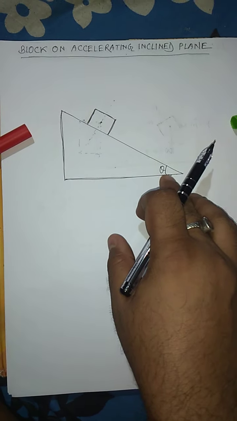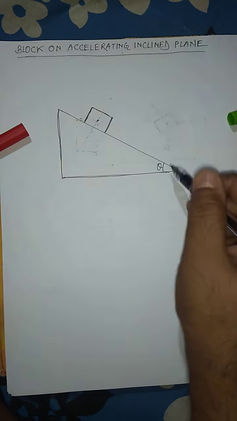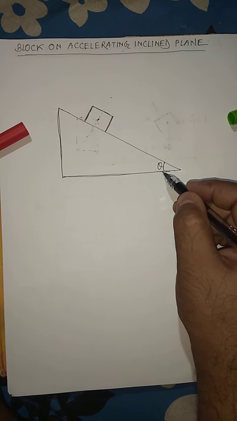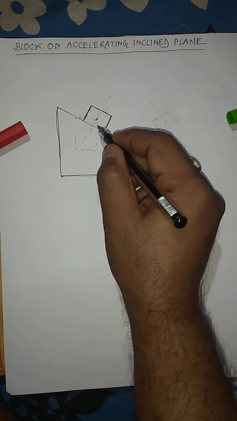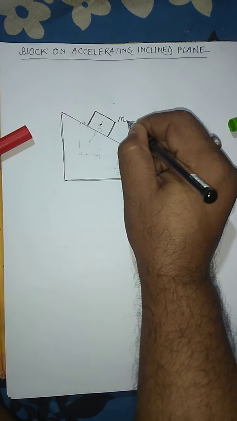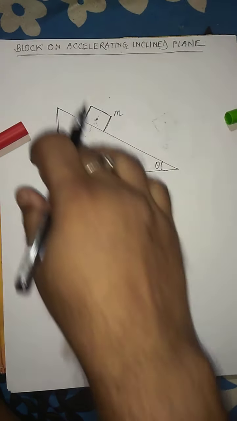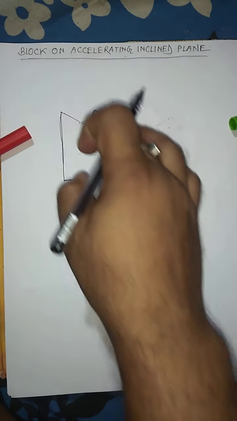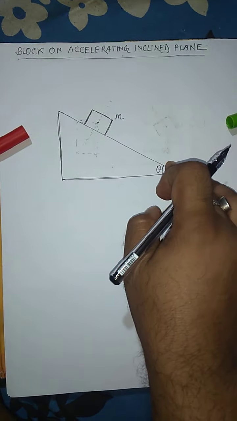This is a frictionless inclined plane having an angle of inclination theta. It's a block of mass m. If this inclined plane remains stationary, the block will slide down the inclined plane.